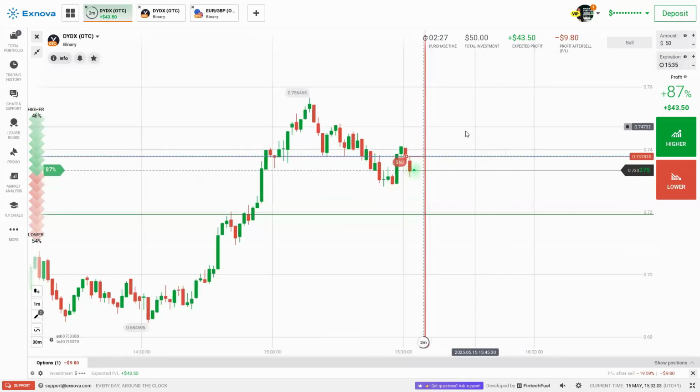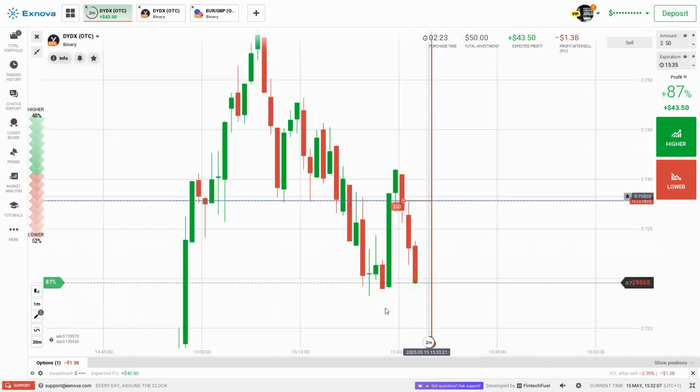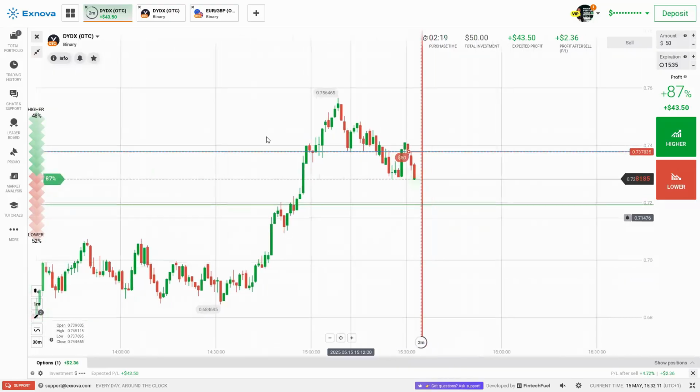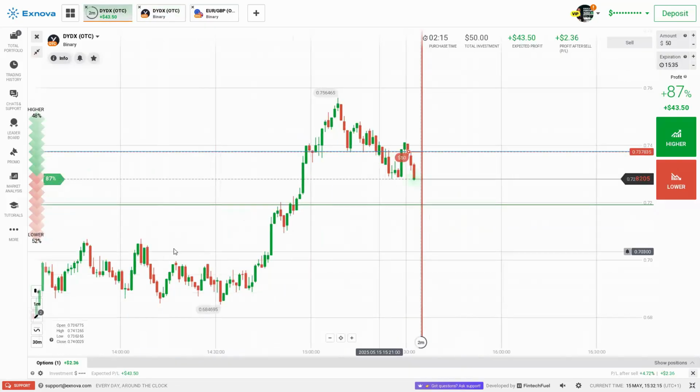Okay, we had a strong red candle as our first candle. Beautiful. We're still getting more sellers, more dips. Nice, amazing.